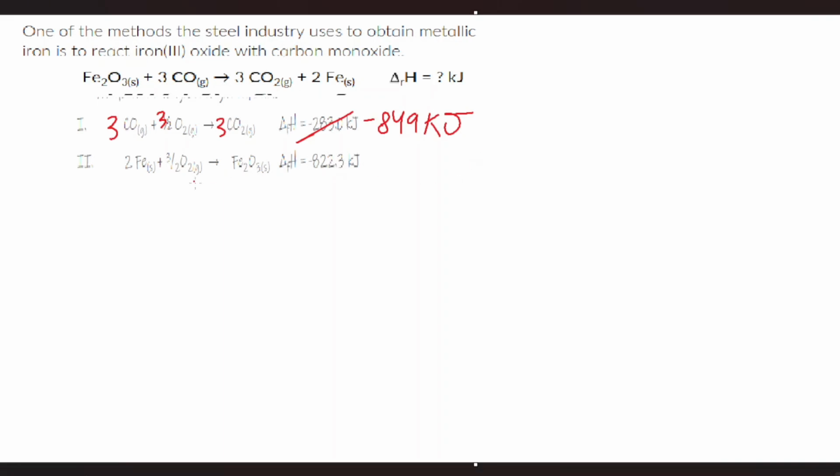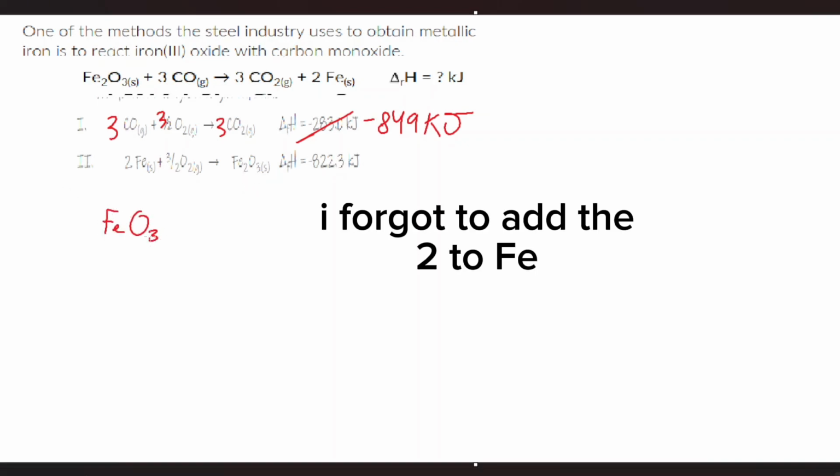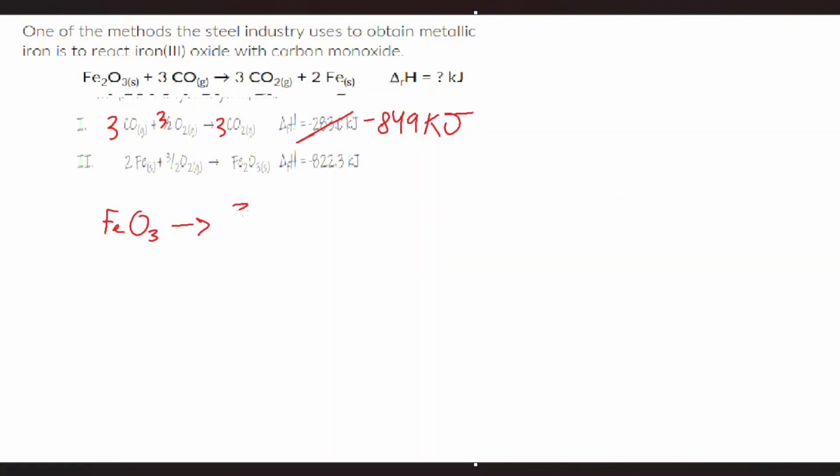Let's look right here. So here, we're actually going to want to flip this because we want iron oxide in our reactants. So we're going to flip this, right? And that's going to give us Fe2O3 goes into 3/2 O2 plus 2Fe.